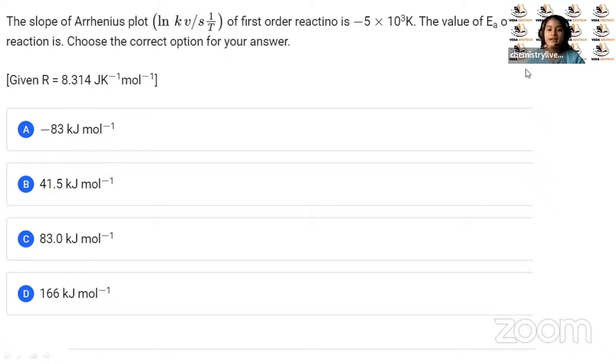Read the question, children, and just think for a minute how to do this.